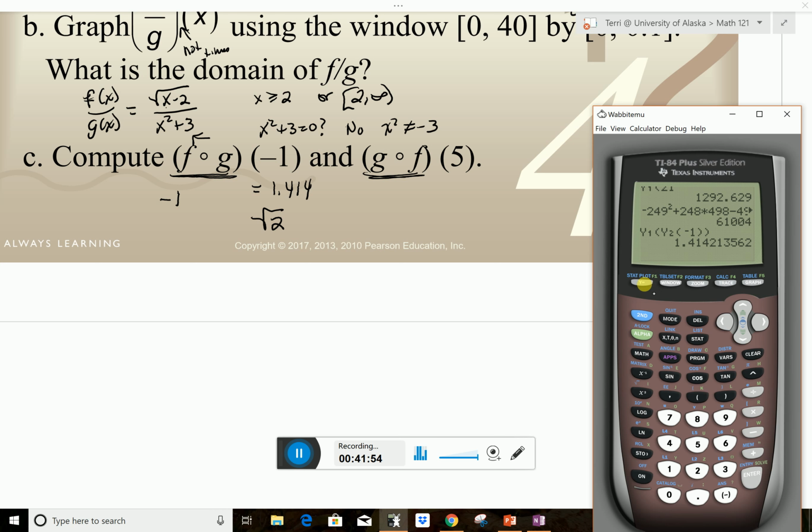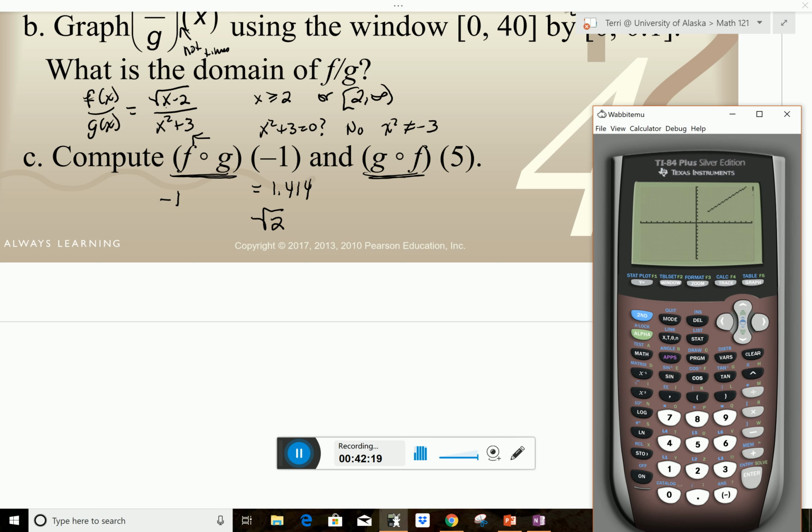I can look at g of f also. Okay, let's clear this. Let's go vars, y function number 2. Then I can graph this one too, which will be very, very different.